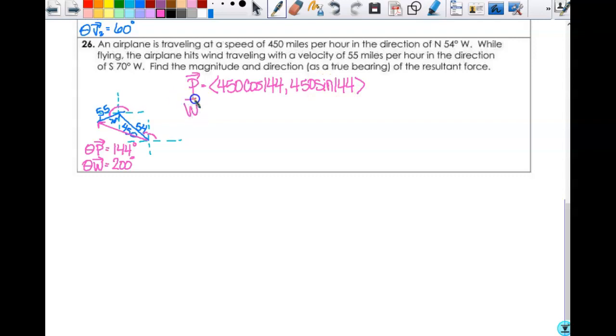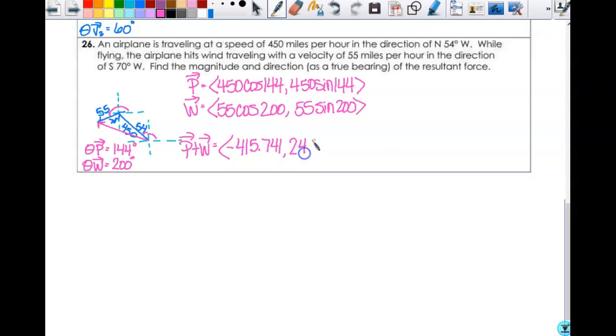The wind vector would be 55 times the cosine of 200, 55 times the sine of 200. Okay, so then I would add those together. My plane vector plus my wind vector would give me negative 415.741, 245.692. Okay.